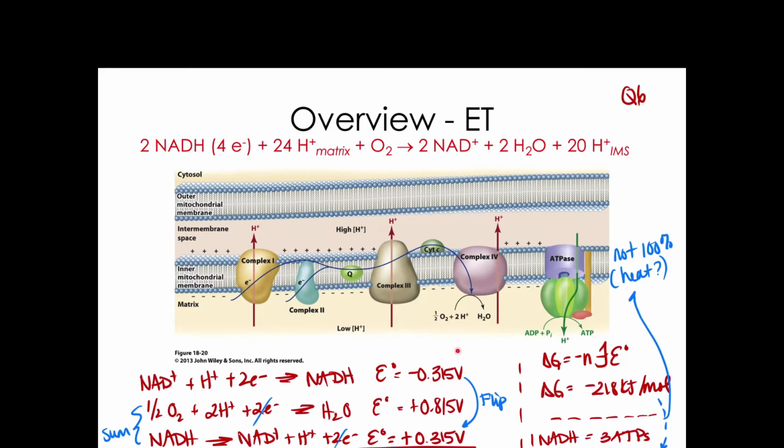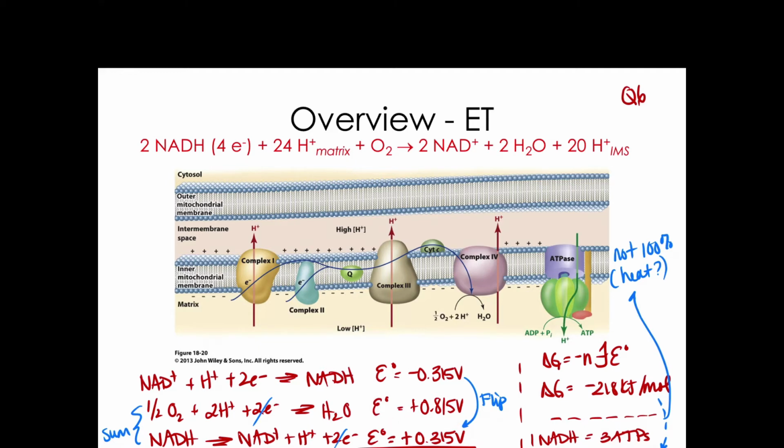We can see that it's actually more energetically favorable for NADH or NAD+ not to take on electrons, but to give them up. And so we see a reversal of this redox reaction, to write it not as a reduction, but as an oxidation. And so we flip its sign.